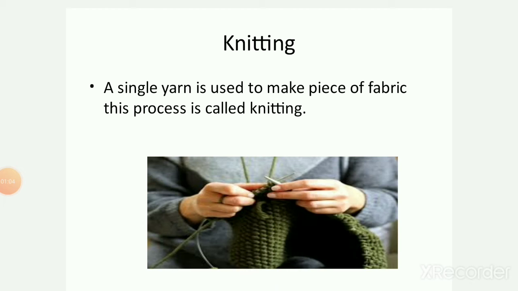Now knitting. Knitting is also a process by which we get fabric, but in knitting we use only a single yarn for making a piece of fabric, and this process is called knitting. Especially sweaters which we wear in the winter season are made by the knitting process.